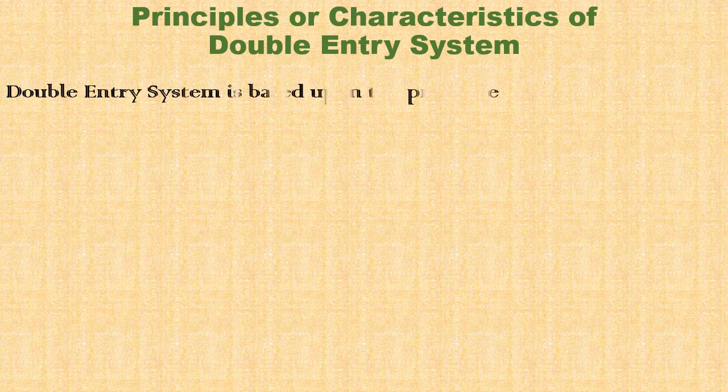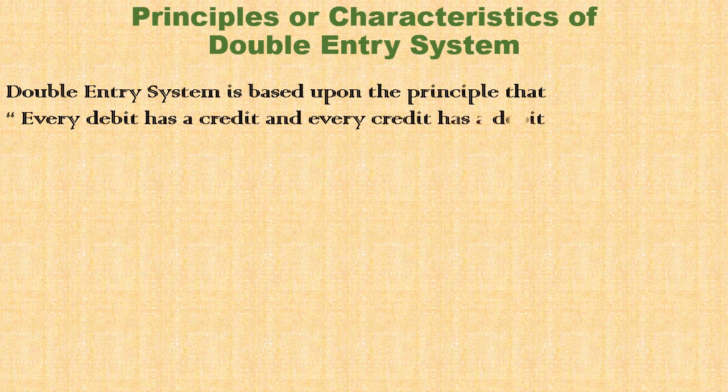Next we will see the principles or characteristics of the double entry system. The double entry system is based upon the principle that every debit has a credit and every credit has a debit. So if there is any debit, naturally it will have a credit, and if there is any credit, there will always be a debit.